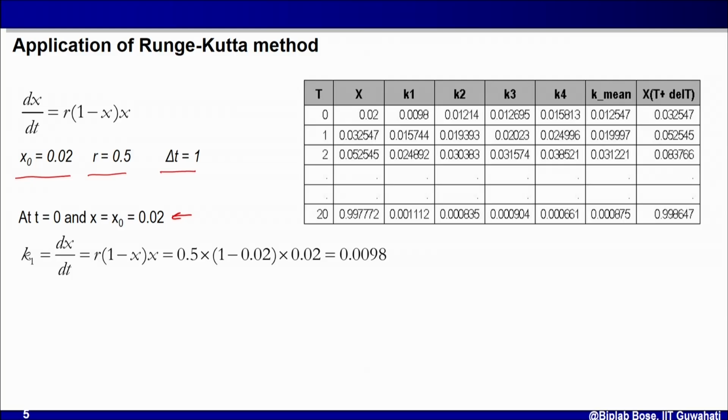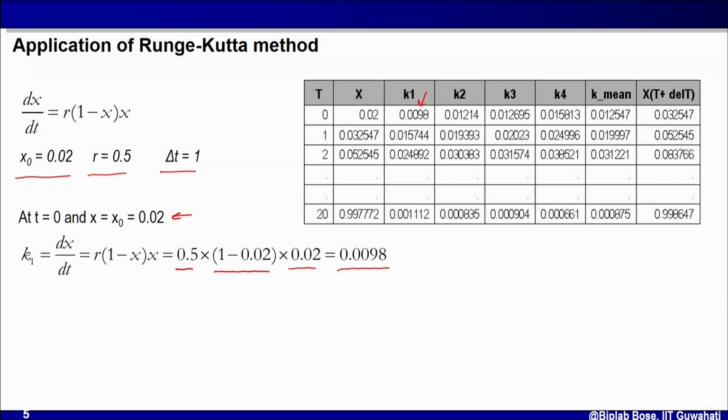So at this point, the slope k1 will be equal to dx dt, that is r into 1 minus x into x, which is equal to 0.5 into 1 minus 0.02 into 0.02, which is equal to 0.0098. So in this table I have written it here, 0.0098.